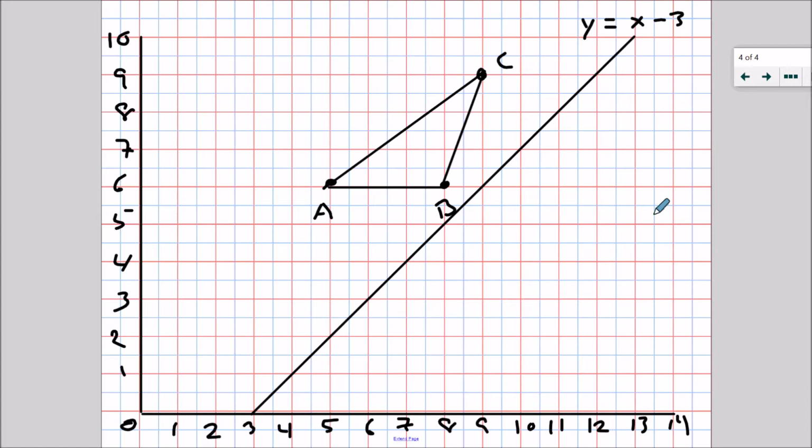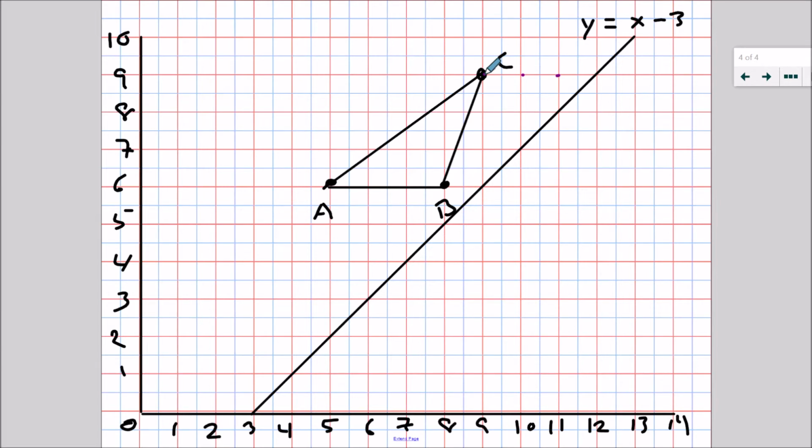That means that since my C is 1, 2, 3 away, my C prime is still going to be 3 away. But it's going to be 3 away on the opposite side of the line, either up or down. Since up would keep it on the same side of the line, this time left is going to become down.